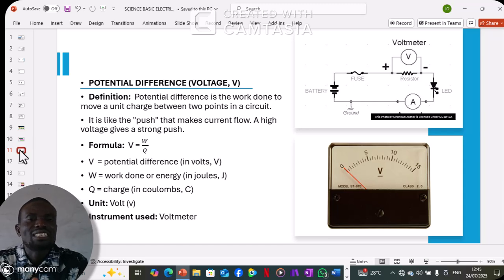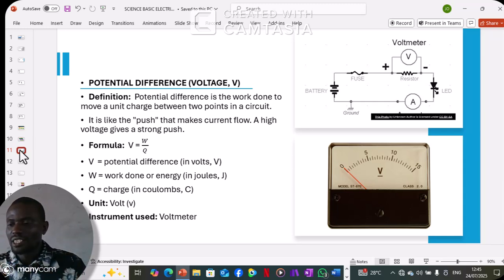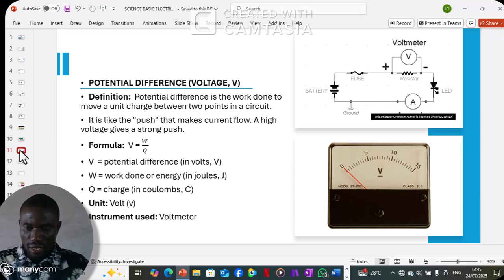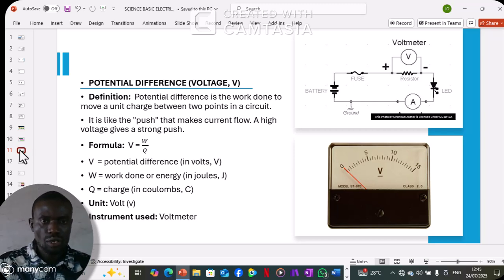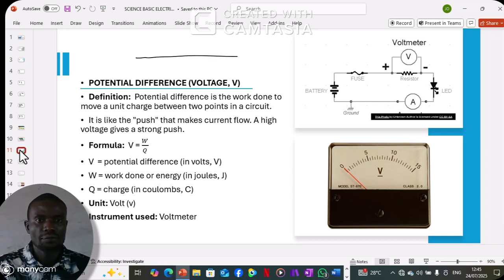What is potential difference? Potential difference is the work done to move a unit charge between two points in a circuit. That is, before charge can move from one point of a conductor, let's say from one point of a wire to another point, let's have a wire now.